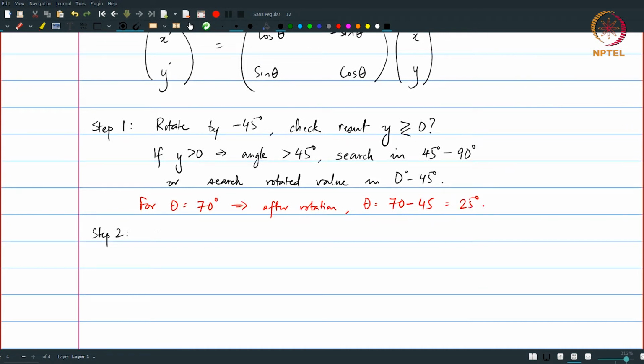Instead of rotating by minus 45, this time rotate by half of that, minus 22.5 degrees. For theta equal to 25 degrees, this will become plus 2.5 degrees, still positive.